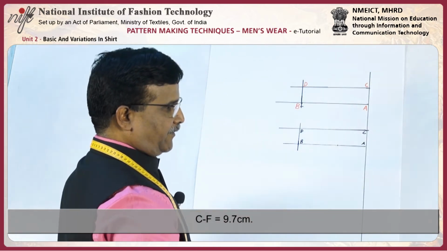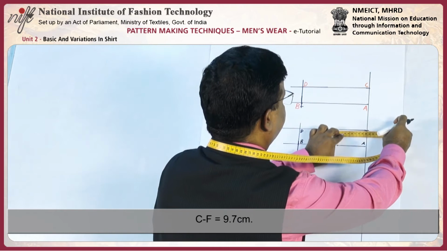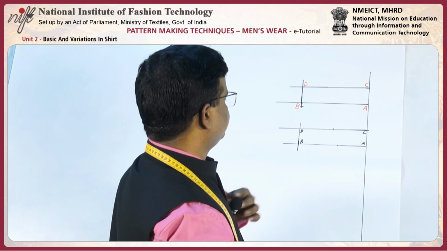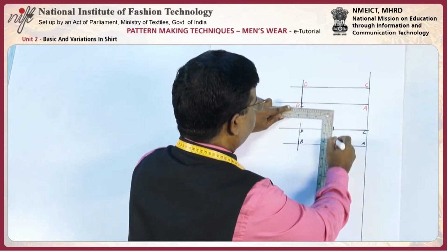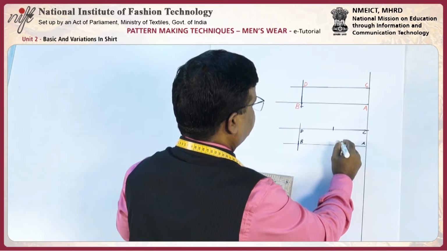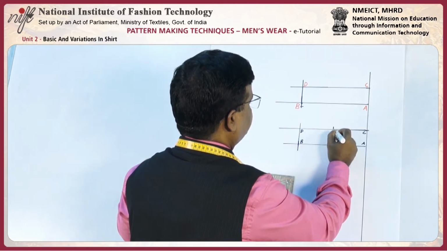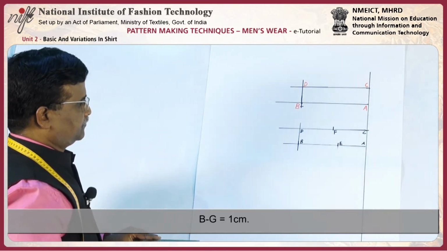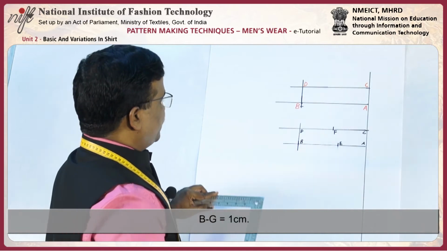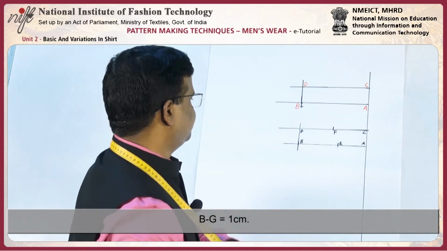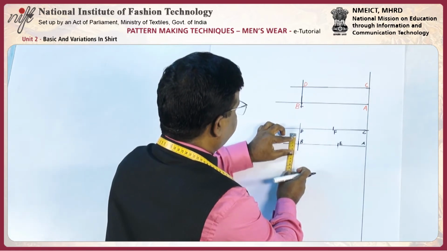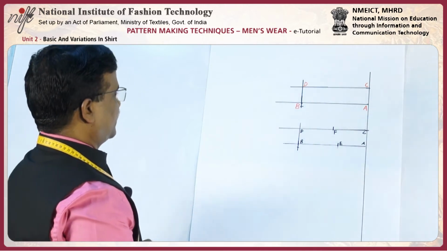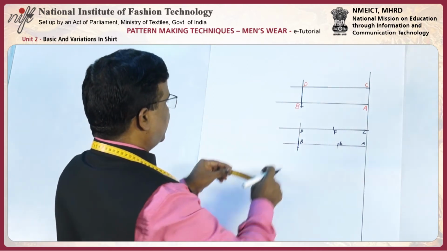C to F, 9.7 centimeter. B to G, 1 centimeter. D to H, 2 centimeter.